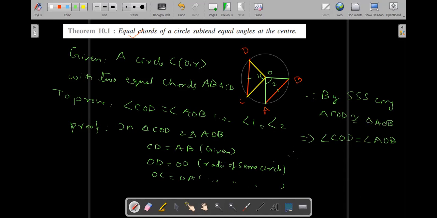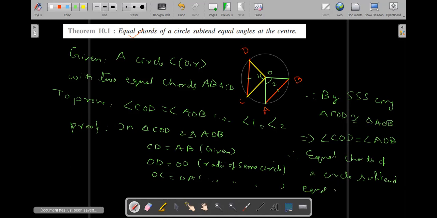Therefore, equal chords of a circle subtend equal angles at the center.